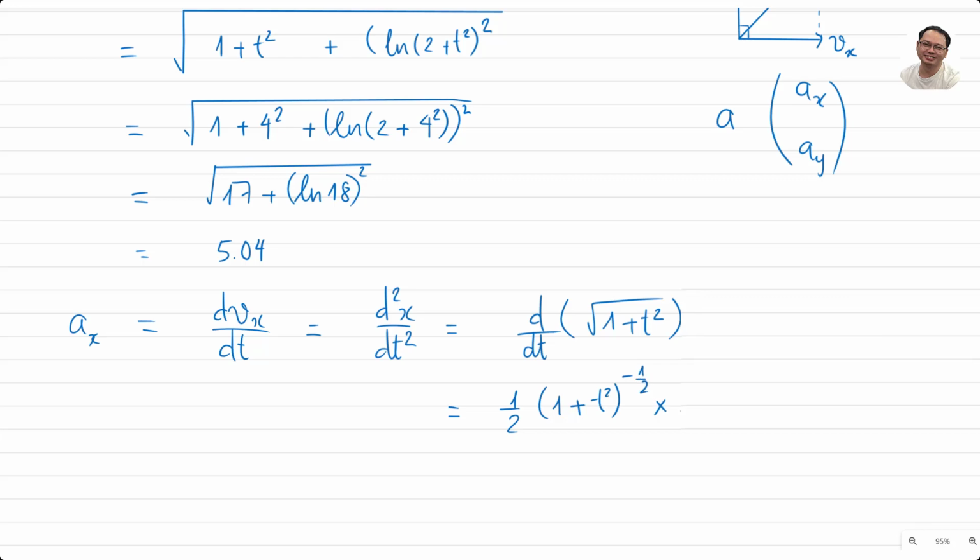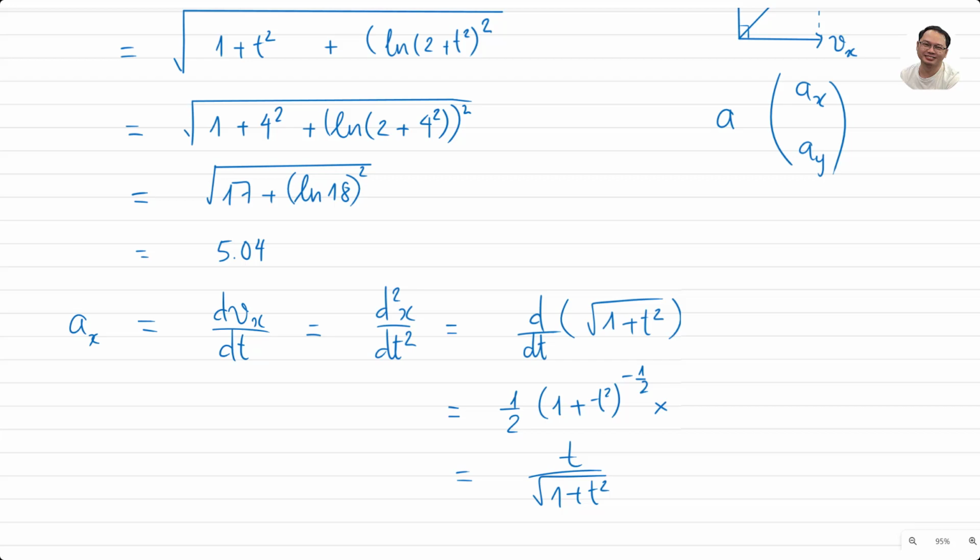And we need to multiply it with the differentiation of 1 plus t squared, meaning that is 2t. So here at the back we multiply with 2t, and then simplify it. 2 divided by 2 is 1. So we have t over the square root of 1 plus t squared. Okay, this is the x component of the acceleration vector.